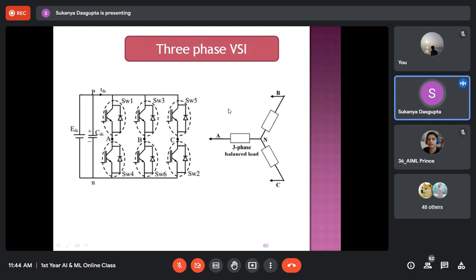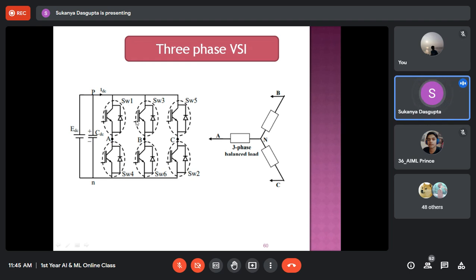Then since this A terminal is connected with this load, it will be sent to this load, and then it will try to return back to this negative supply, through any of these switches. Is it okay? Because this will turn off.